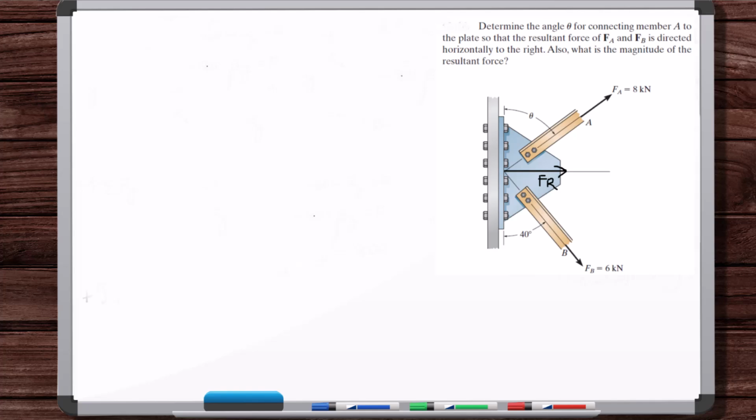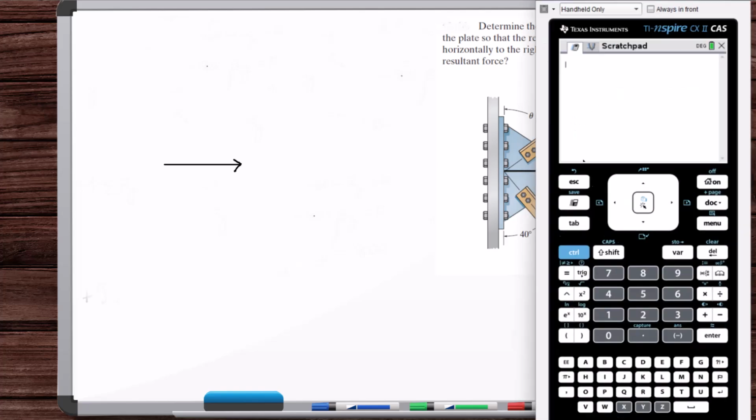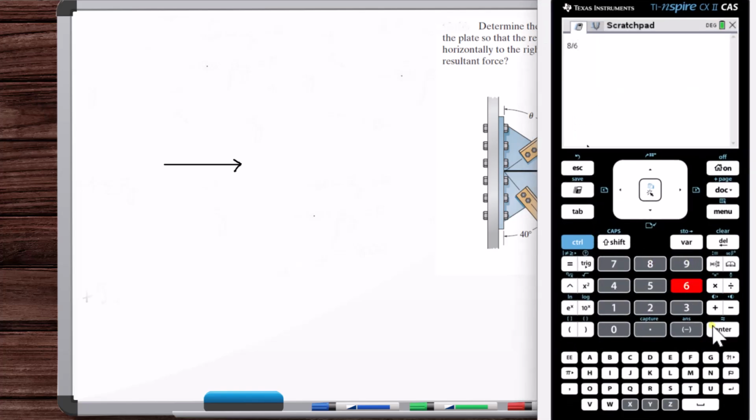So it's really helpful to draw as much to scale as you can when you're doing a problem like this graphically. So let's draw FA and FB to where their differences in length are to scale. So this is FA and FB.